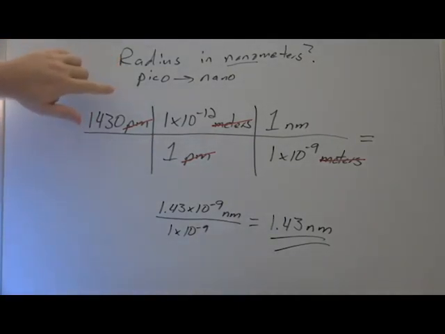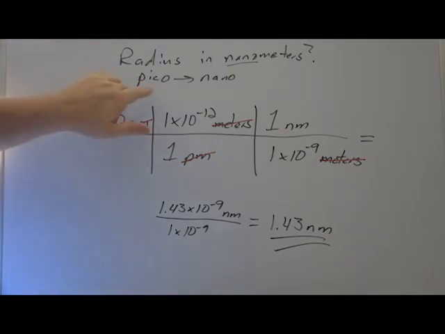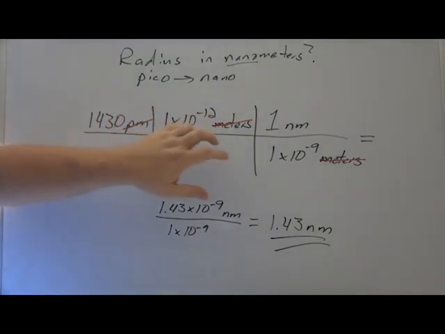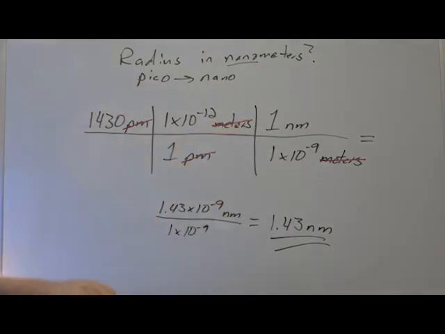So essentially what we did, we determined what our problem was. We needed to find the radius in nanometers from picometers. So we drew our little plan there. We went from what we knew, the 1430 picometers, converted it to meters, and then converted those meters to nanometers. And then using our basic math, we came up with the final answer.